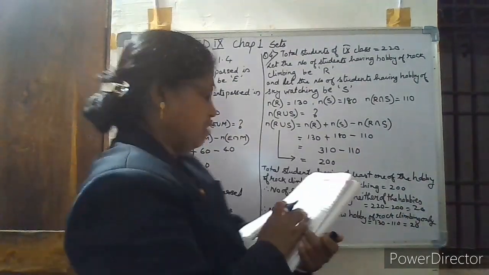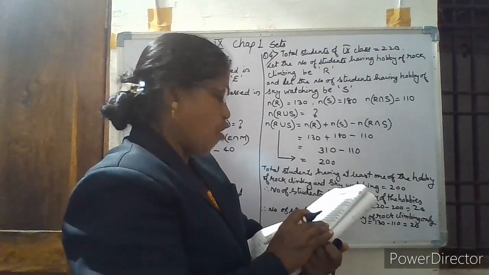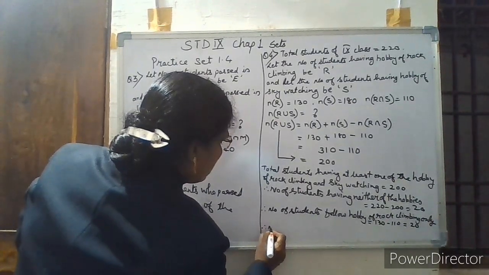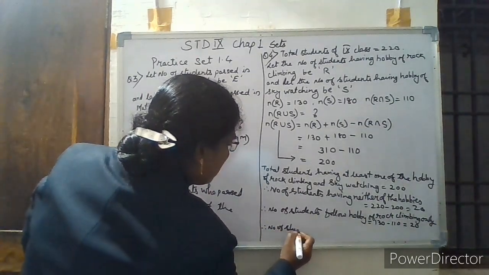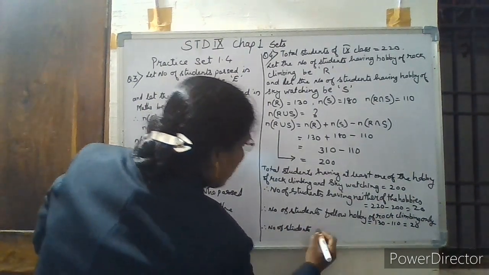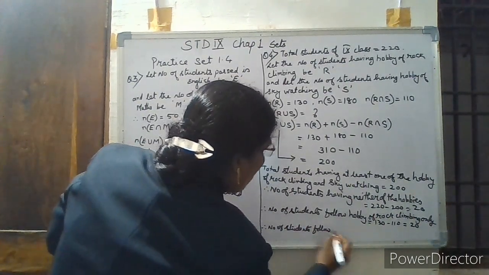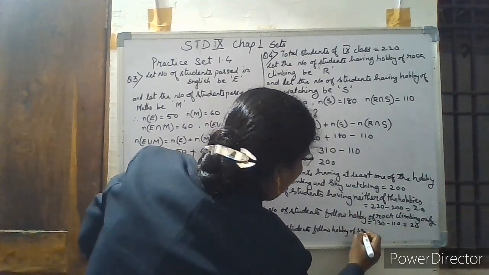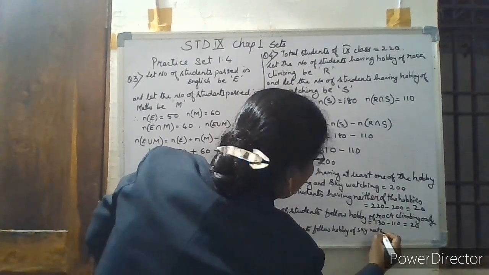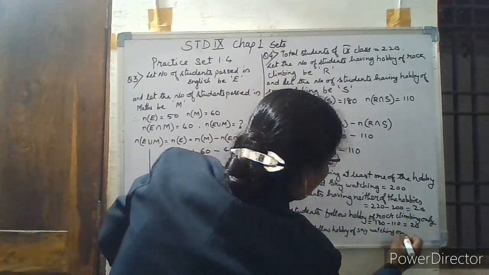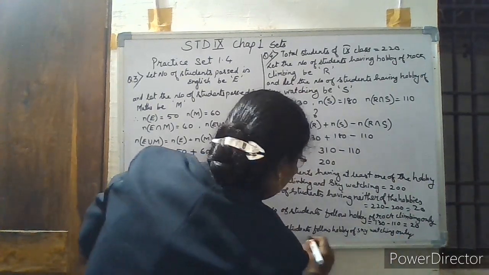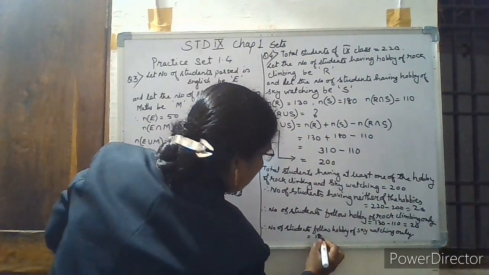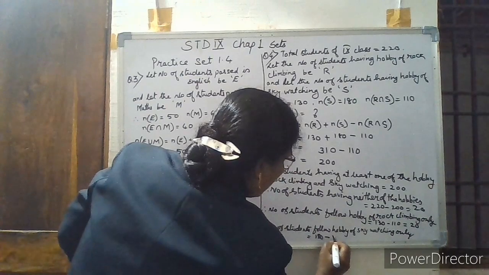The next question asked is, how many students follow the hobby of sky watching only? The same way. Therefore, the number of students who follow the hobby of sky watching only is equal to the sky watching students, how many? 180 minus intersection 110.